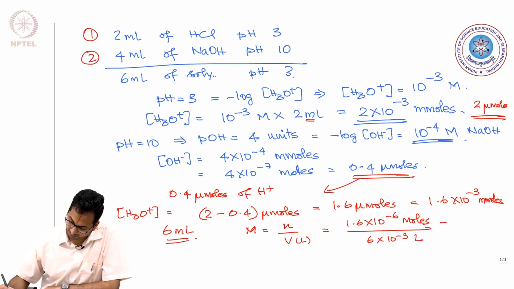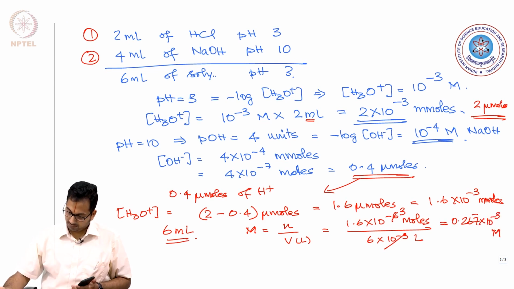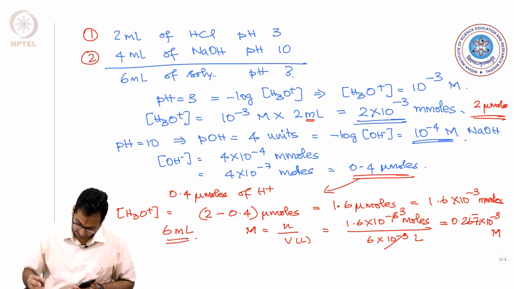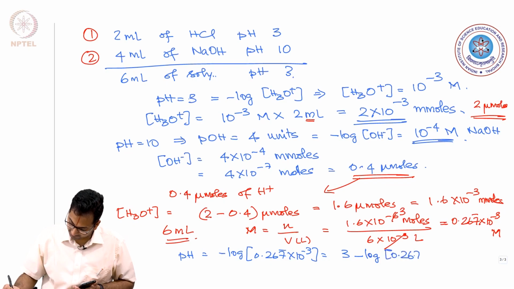So that is going to be equal to, so therefore the pH is going to be given by minus log of 0.267 times 10 power minus 3. This is going to be 3 minus log of 0.26.